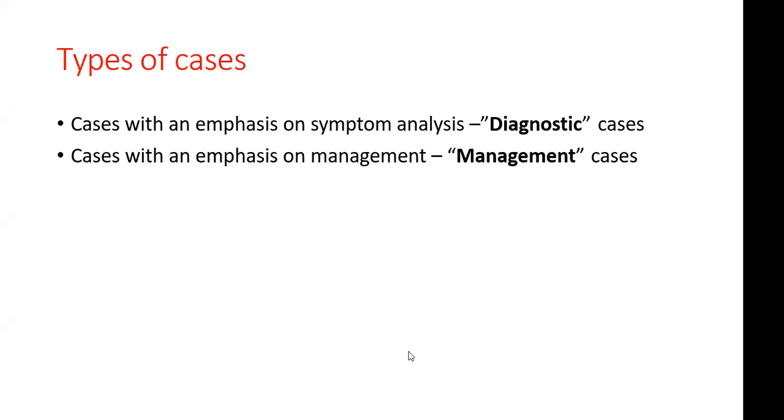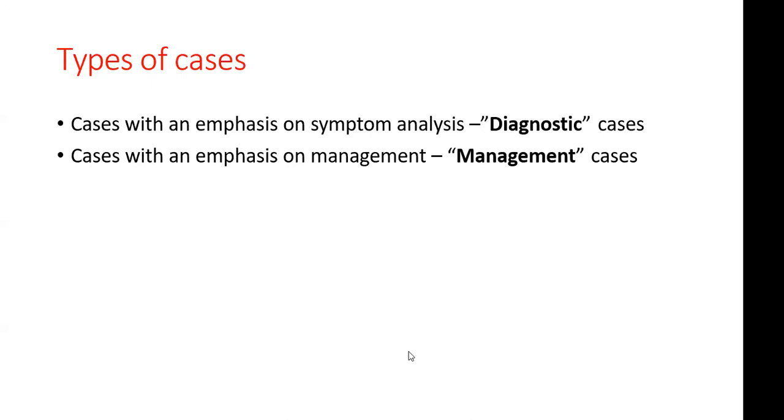The second type of case is where there is no diagnosis to be made. The diagnosis is already there. A classical example would be something like diabetes mellitus. You don't have to make the diagnosis. But the patient comes with a different problem, and this is more of a management problem, okay?